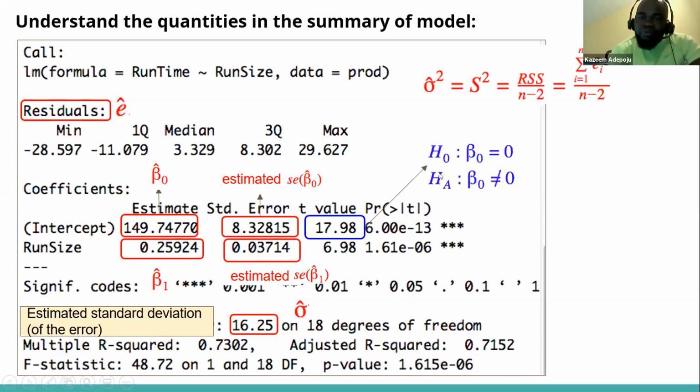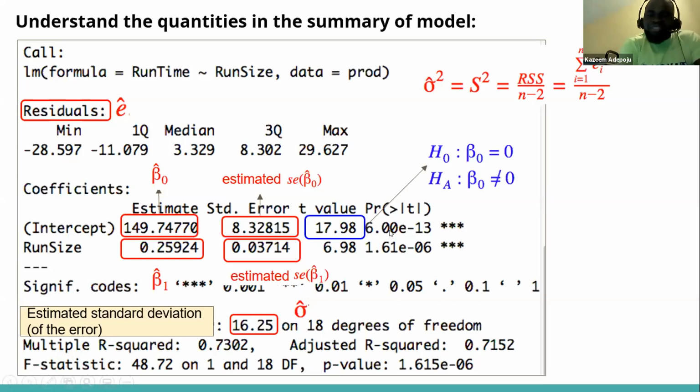It means if I want to test this hypothesis right here, I need to first compute my t-value. And after computing my t-value, I'm actually going to check the p-value associated with this t-value. And I'm going to compare this p-value with the level of significance. The standard level of significance given is 5%, which is 0.05.